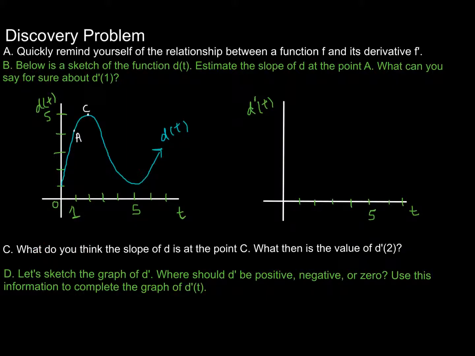Okay, what do you think the slope of d is at the point C? Well, let's look at C, and this appears to be the t value 2 seconds in. What do you notice about this slope? Imagine that you were trying to compute the slope at C. Let's say you took a point just to the left and a point just to the right.